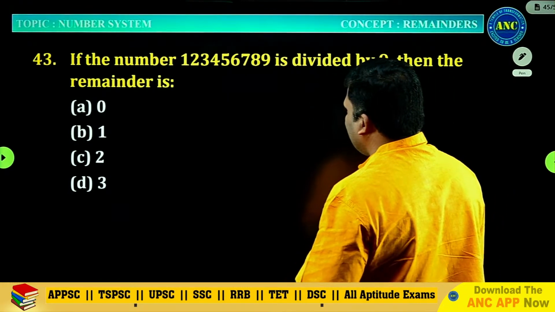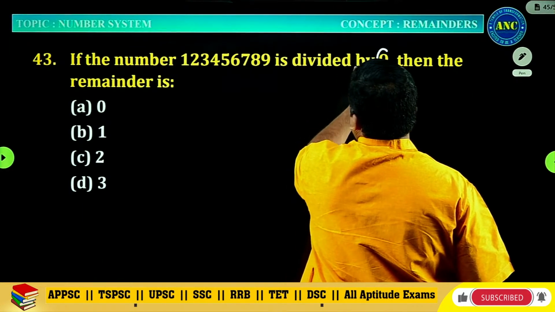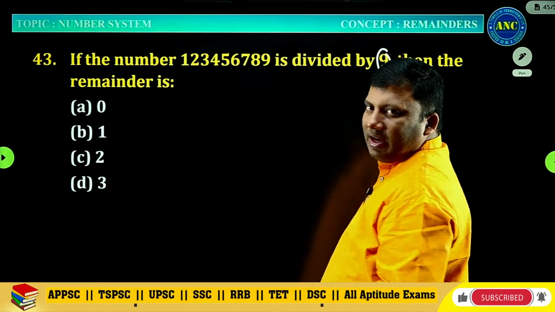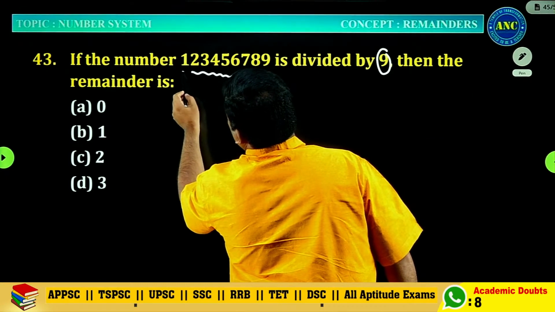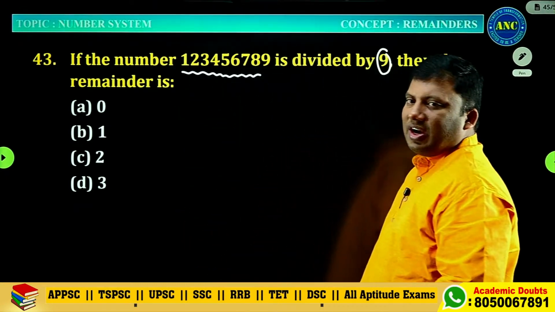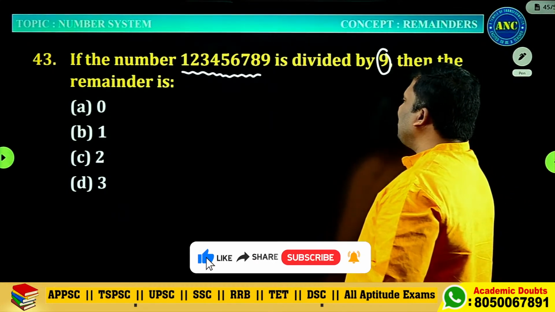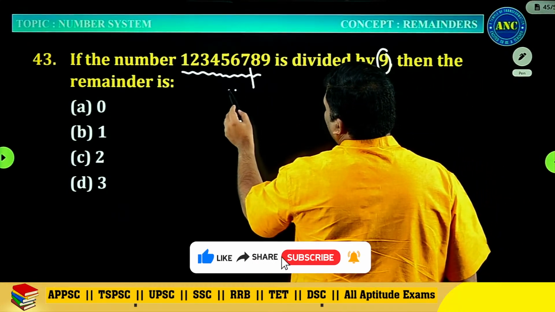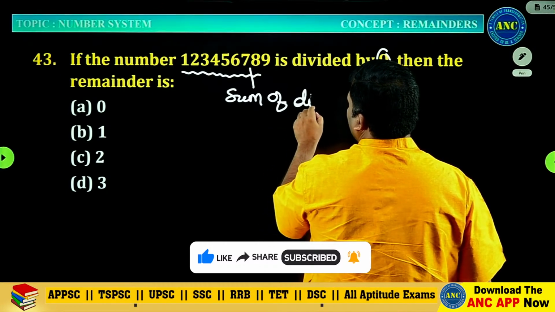Anything else, that is, if the number is divided by 9, this is the sum of the first n natural numbers. So 9 means the sum of the digits should be divisible by 9.